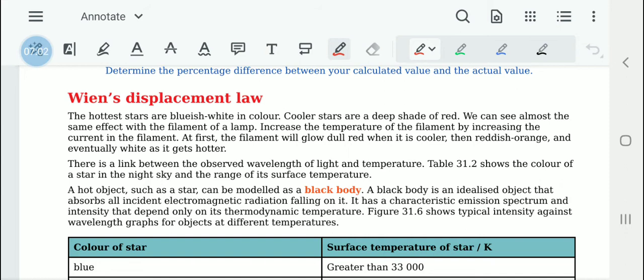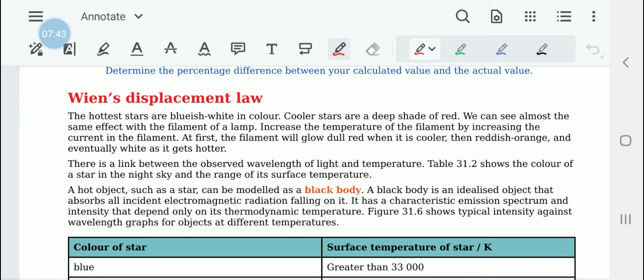This is the same for stars as well. The hotter stars have a bluish white color, and the cooler stars are going to be a shade of red. So hot objects like stars, we can model them as black bodies.